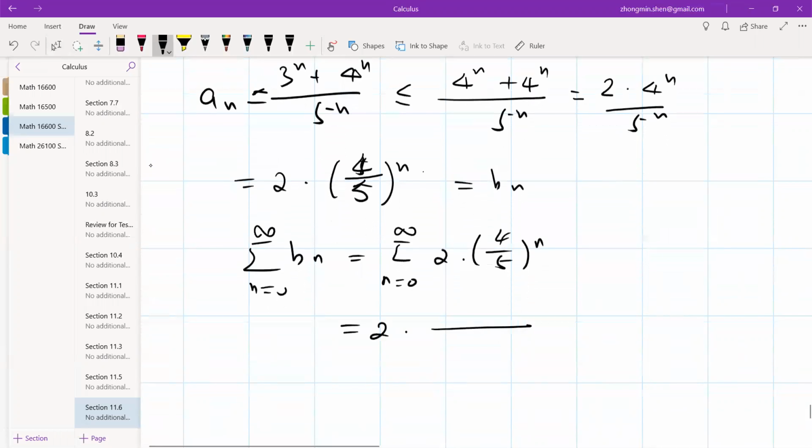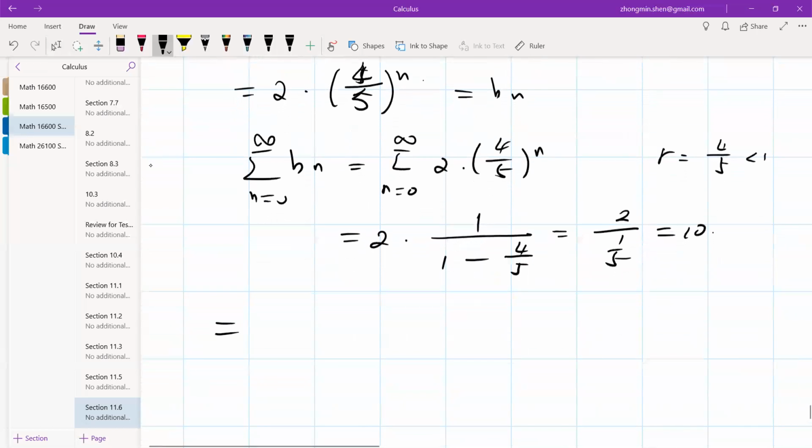The ratio r is 4 over 5, smaller than 1. So it's 1 over 1 minus 4 over 5, and that is going to be 2 over 1 over 5, which is 10. So not only can I find it's convergent, I can even get the answer. 10. So it's convergent.